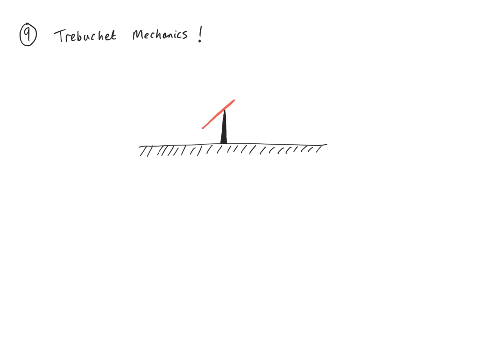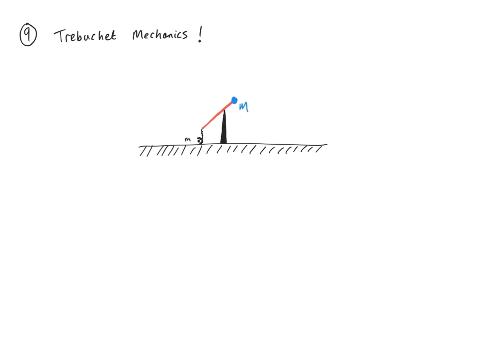We imagine we have some kind of pivot here which supports this red lever, and then to this short end of this lever we add a large mass, capital M. On the other end we attach a rope and a sling with a smaller mass, little m, inside this thing.